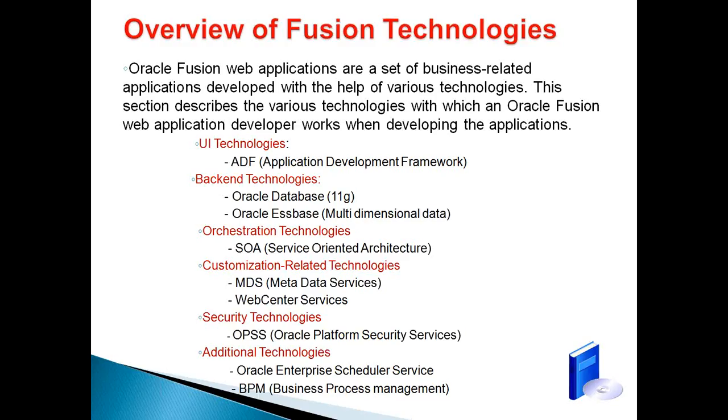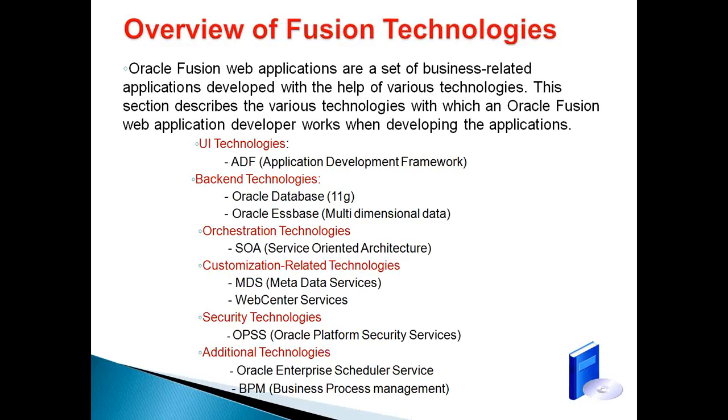For the user interface, mainly they have used the Application Development Framework. We call it the OA Framework, but here they named it Application Development Framework, ADF, which is Java based, I think. Then backend technologies: database, 11g database and Essbase for multi-dimensional data.